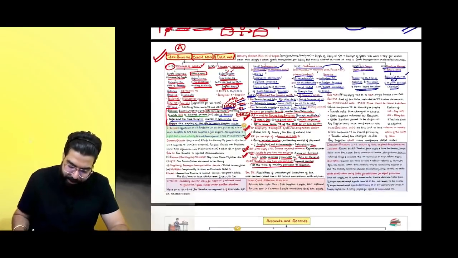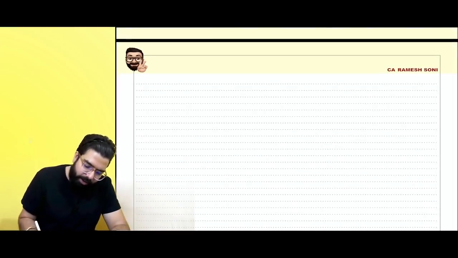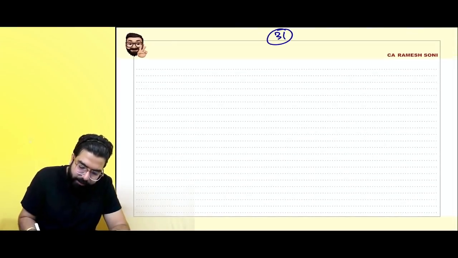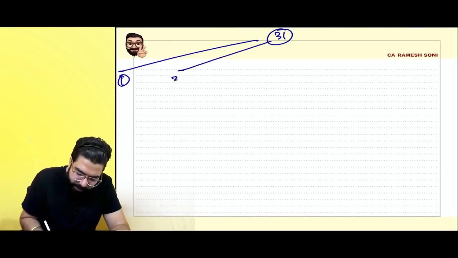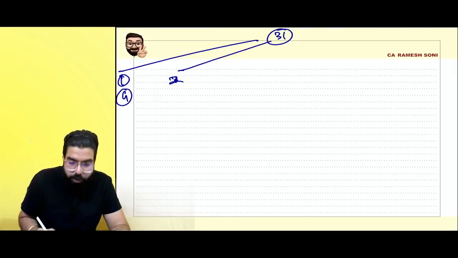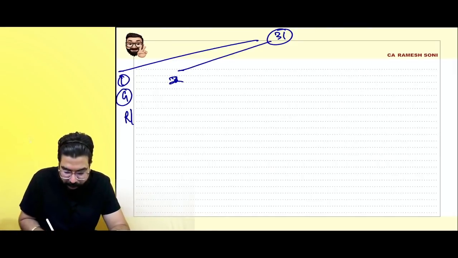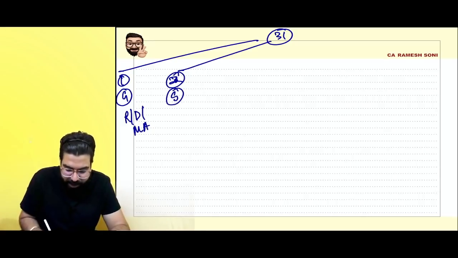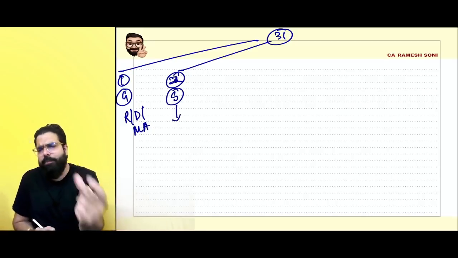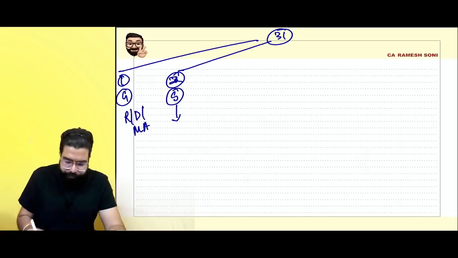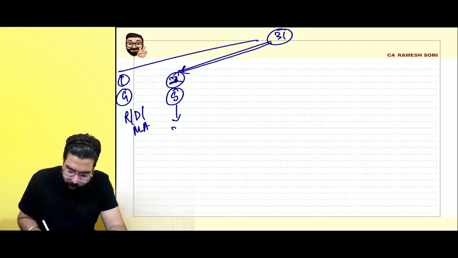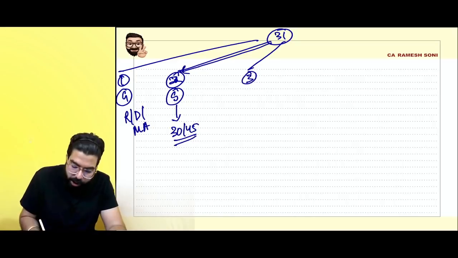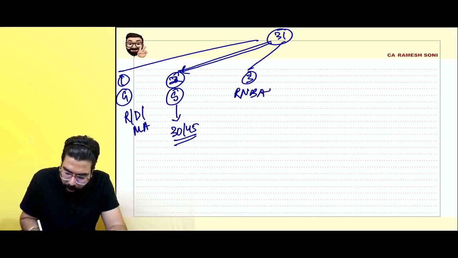Done, sir. Point is clear. I went ahead and told you section number 31. Listen to me carefully. Section 31(1), section 31(2). One told about goods ka case mein when you should raise the invoice: removal or delivery or making it available. Two told services ka case mein when you should raise the invoice. Section 31(2) told services ka case mein 30 days or 45 days. 31(3) told RN bar SP.